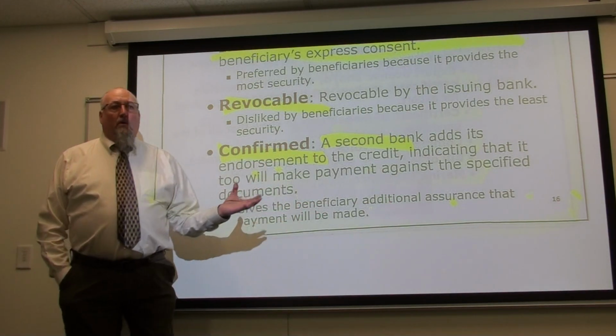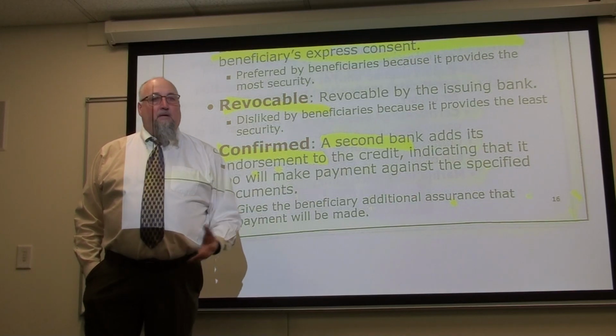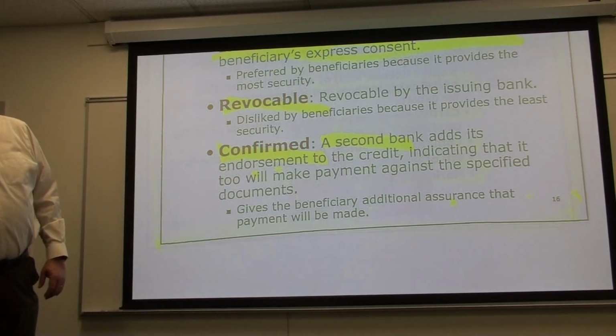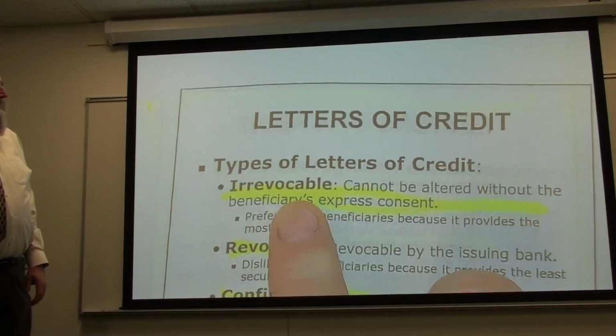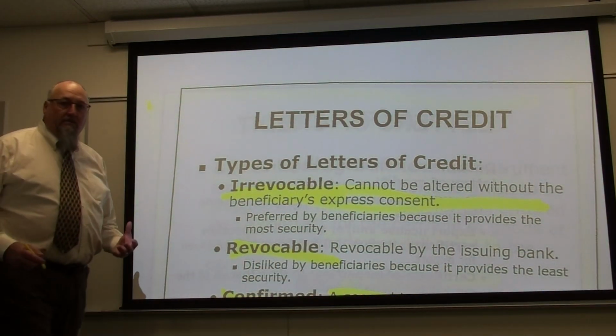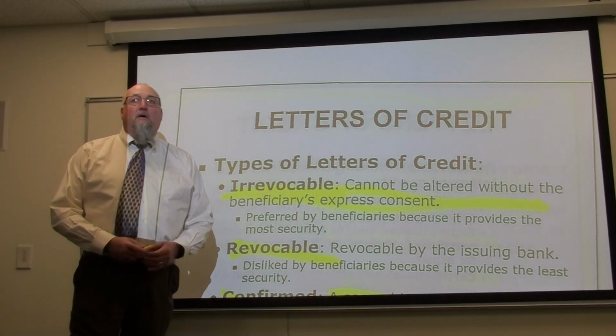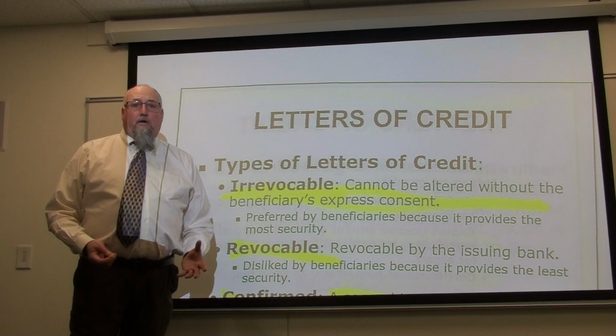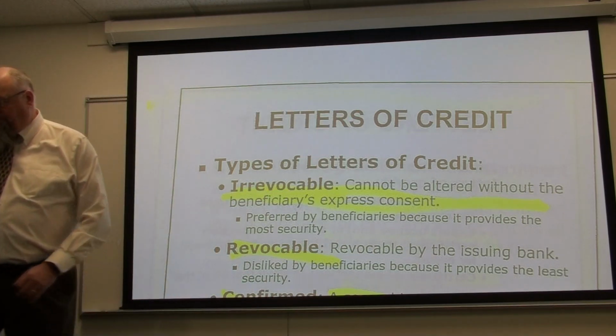And that way they know their own bank is guaranteeing that payment in addition to the buyer's bank. So we're going to focus primarily on irrevocable letters of credit because those are the most common type you're going to see in an international sales transaction or a large domestic transaction.